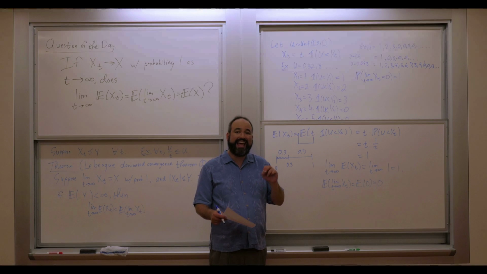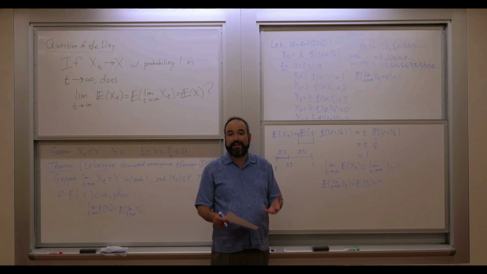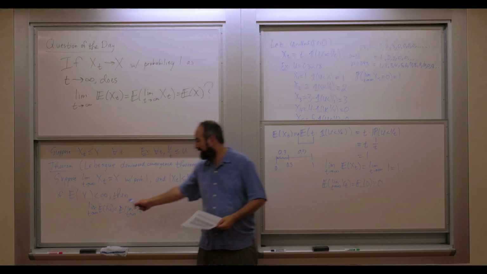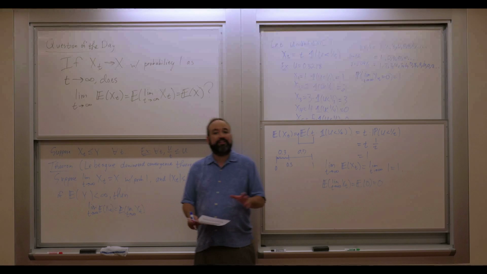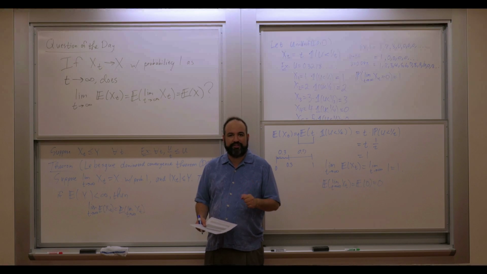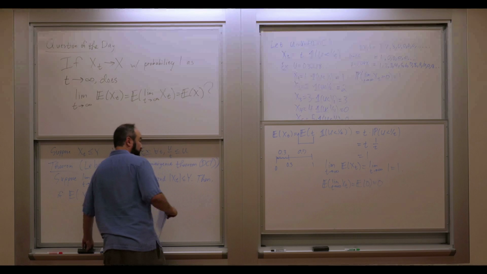So as long as the sequence of random variables is monotonic with probability 1, you can swap the limits and the expectations. So this second theorem is called the monotone convergence theorem.